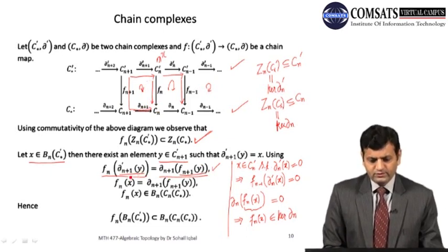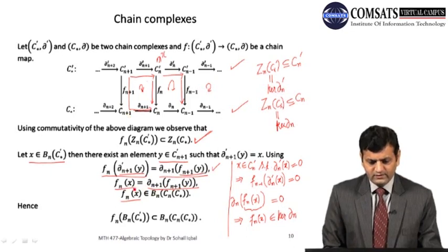So what does this imply? Partial n plus 1 prime of y is equal to x, so just write fn of x here, and there is no change on this side. So fn of x is basically the image of some element of Cn plus 1, because fn of x is equal to partial n plus 1 applied on fn plus 1 of y.